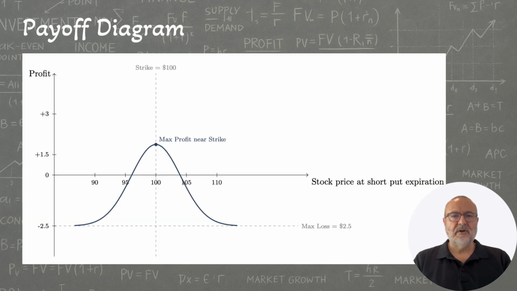If we plotted the strategy, the graph would show a bell-shaped curve centered on the strike price. Maximum profit appears when the underlying price finishes near the strike. Losses appear when the price moves too far above or below the strike. This peak in the middle makes the calendar spread a volatility and time-based strategy rather than a directional one.